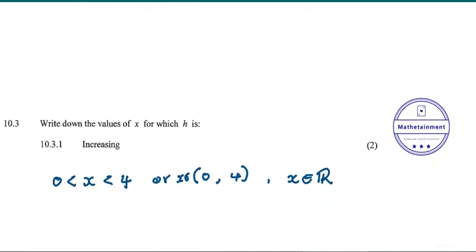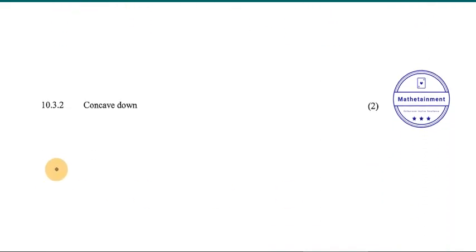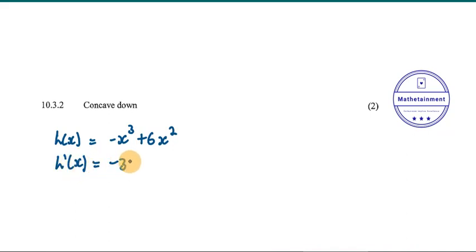Okay, this is what you should do. You know h of x is equal to minus x cubed plus 6x squared. So you have to differentiate this to find the stationary points, which gives minus 3x squared plus 12x. And you have to differentiate again to find the point of inflection.